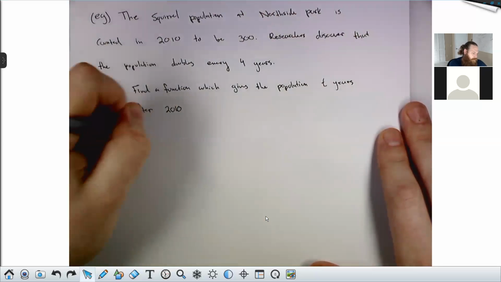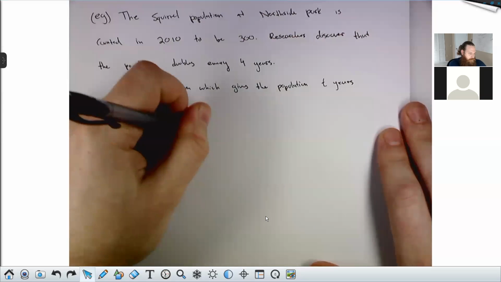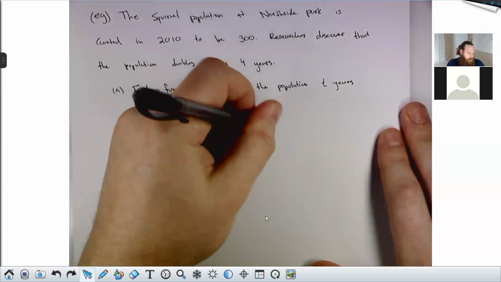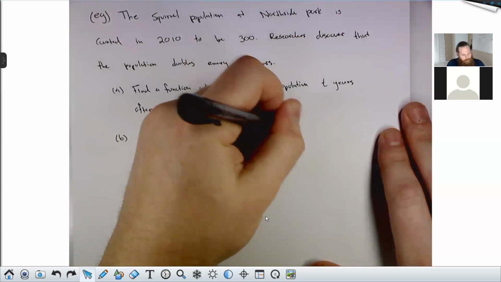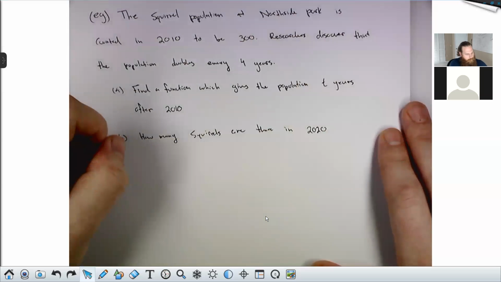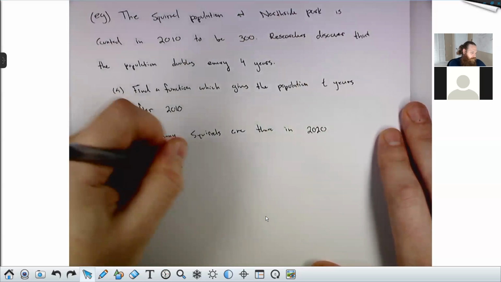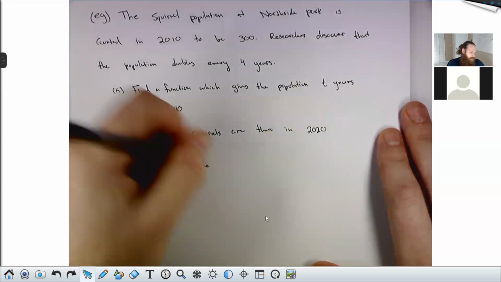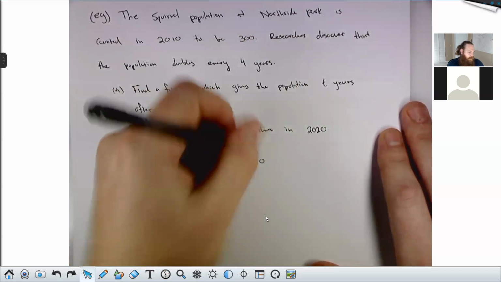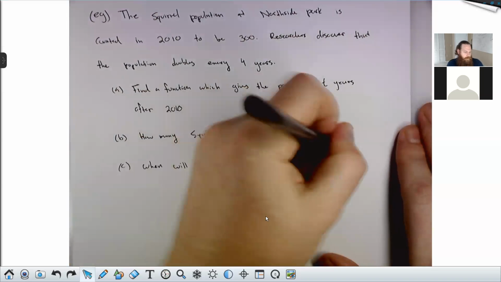Tell me how many squirrels are there in this year, 2020. And maybe tell me when will the population, or when will there be 1,000 squirrels at Northside Park?